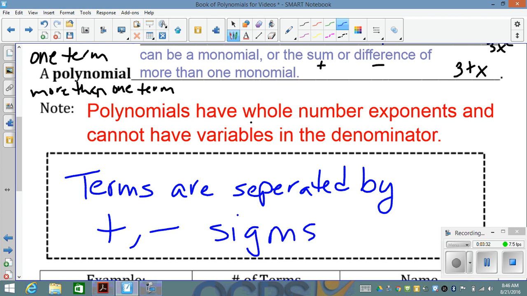So when I say terms, if I have 3, that's one term. 3x, that's one term. 3x minus 6, that is two terms: a 3x and a minus 6, separated by the subtraction sign there.